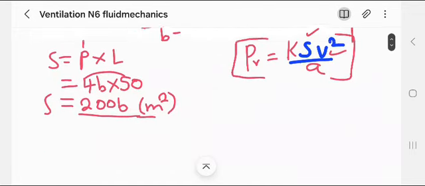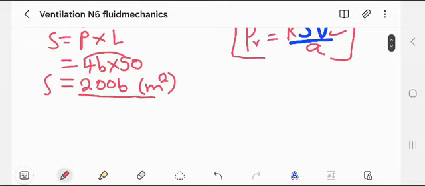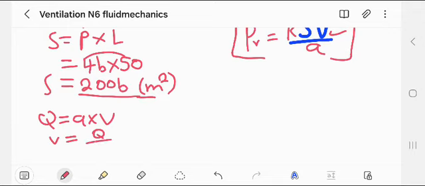So Q equals area multiplied by velocity. We can make V the subject, which is Q divided by area. That is 9.2 over the area. Since it's a square duct, the area will be B squared.